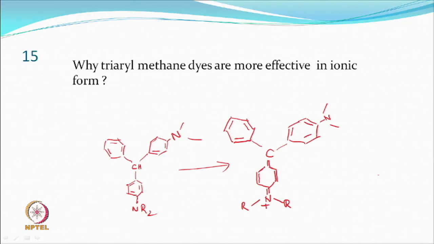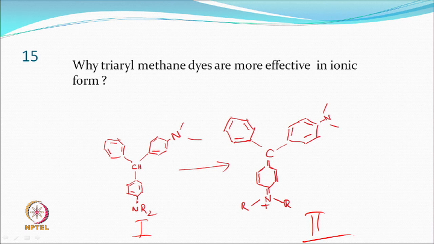But if we look at a dye, which is the first structure, versus the second structure, you can see that if cations are not there in any condition, then the conjugation is also not very good.